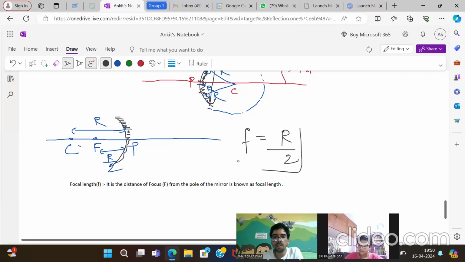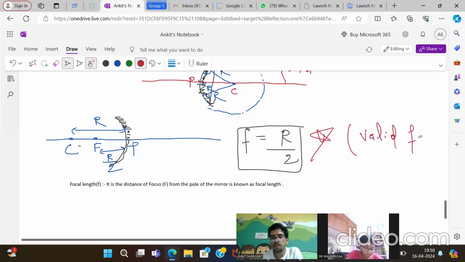But this formula is valid only for small aperture. Don't worry, I will start focal length. I will give one general formula. I will give the derivation also. How to derive this, I will tell. But today I don't want to discuss that. Clear?